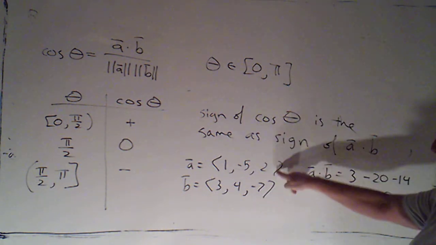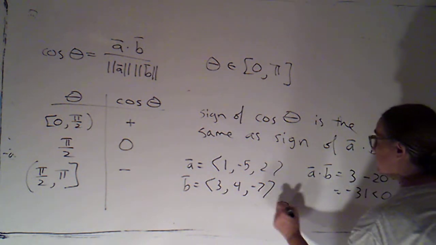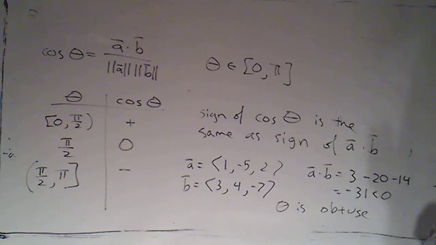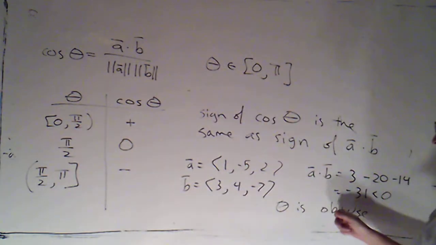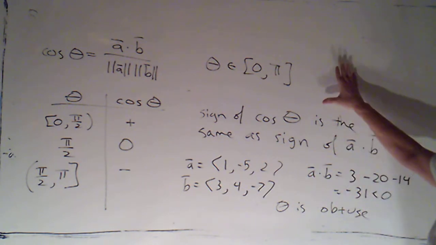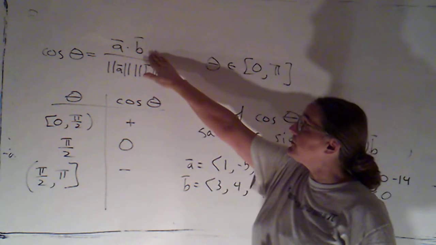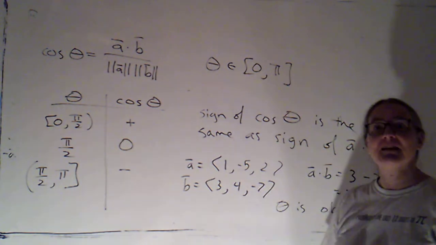This is not a multiple of this vector. So, I know that the angle between A and B is going to be obtuse. It's not pi, but it's got to be bigger than pi over 2 because its cosine has to be negative. So that's kind of a neat consequence of this theorem that gives us a very useful application for the dot product, that we can use it for finding the angle between two vectors.